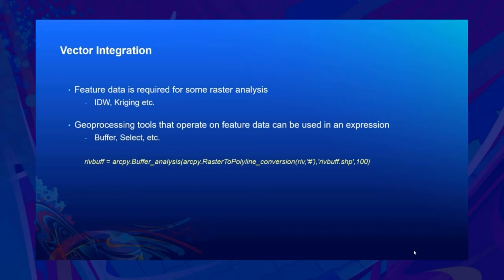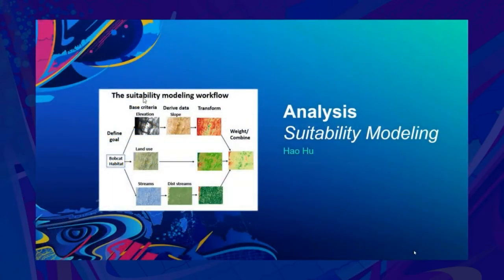You can write the vector operation and raster operation all in one expression, and you can specify output in such a way that it's managed by the system. So you can see, you can write an algebraic expression, an ArcPy expression, to do raster and vector analysis all together. With that, I will hand over to show you how you can do analysis using ArcPy.